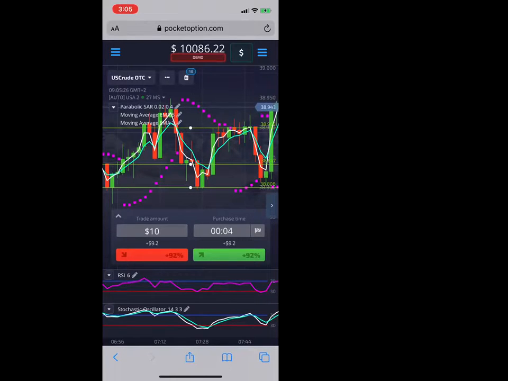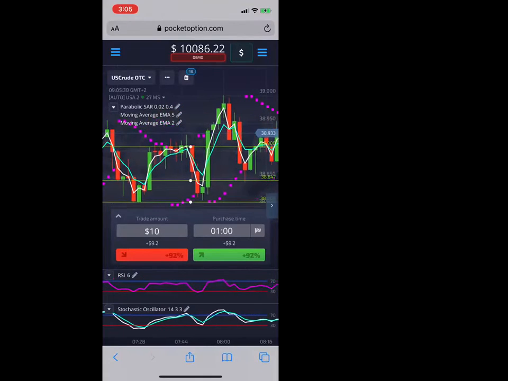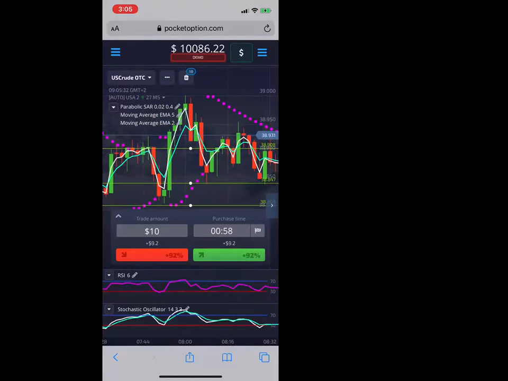Now, stochastic, same thing. Only difference is the bigger the gap, the better the trade. Meaning when the crosses happen, and this applies for the moving averages as well, when they wind up crossing, the bigger the gap separation, the better the trade.